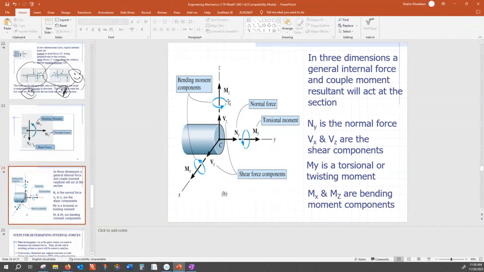That shouldn't worry you. This is just the most general case. In a general case, a complex structure is subjected to bending in all directions, axial load in any direction, shear force in any direction. But that is not for this unit, this is just background information.